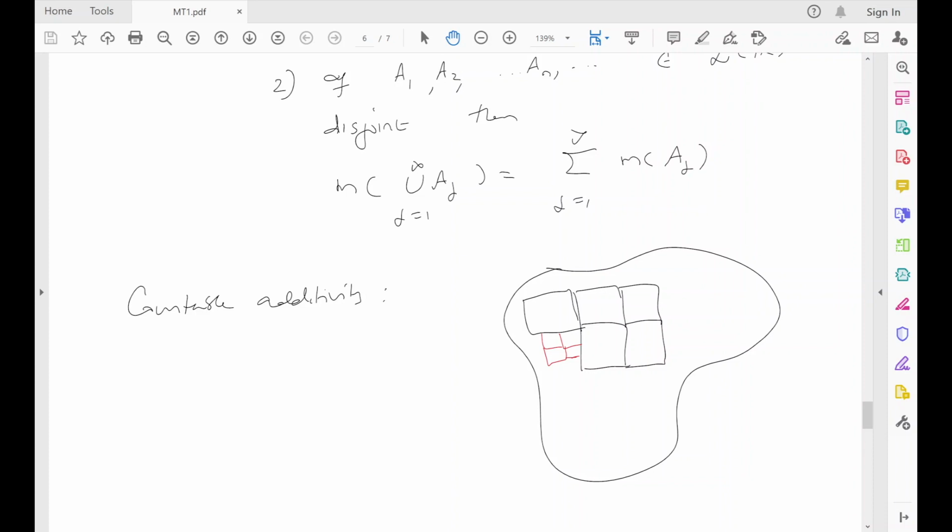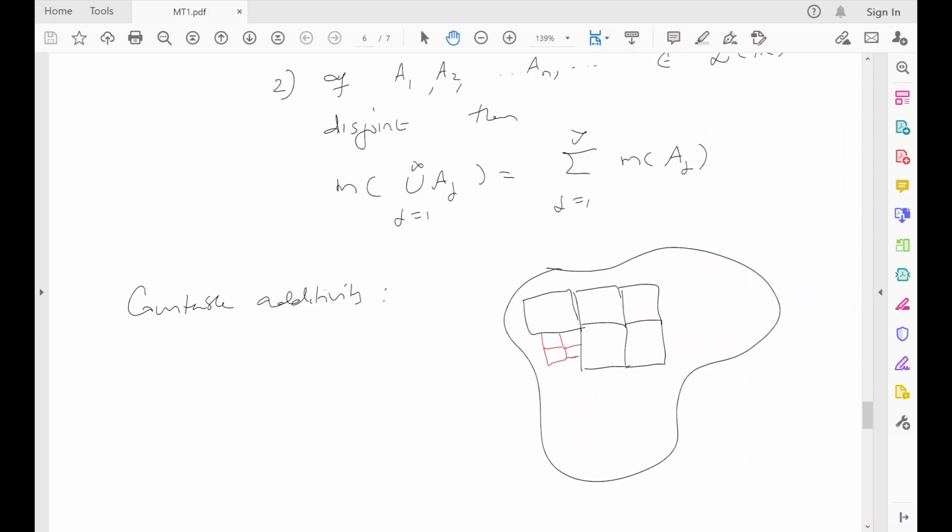This is a very nice property to have. If I have A_n increasing to A, the measure of A_n will increase to the measure of A. The second property: if A_n decreases to A, that means A_1 contains A_2, which contains A_3 and so on, right. So the sets are becoming smaller.